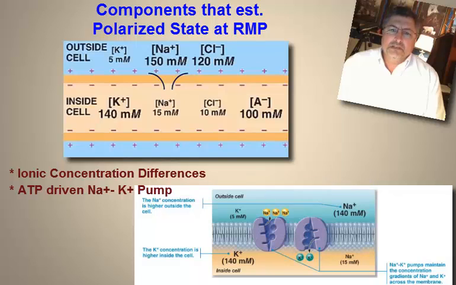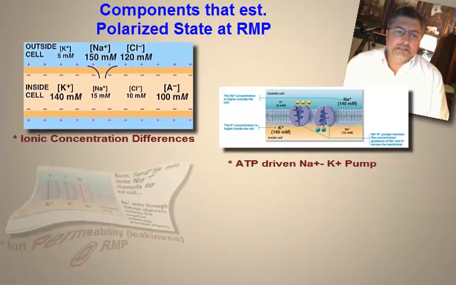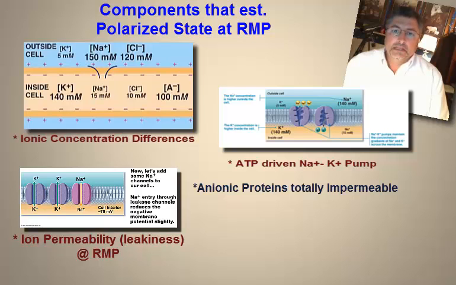And then the other very essential component here is to take a look at the permeability coefficients of the ions that we're talking about. At rest, the cell membrane is totally impermeable to the large anionic proteins, so they're going to stay inside that cell, making the inside negative. Now sodium is slightly permeable at rest, which means it's slightly leaky, so sodium will move in and bring with it its positive charge.